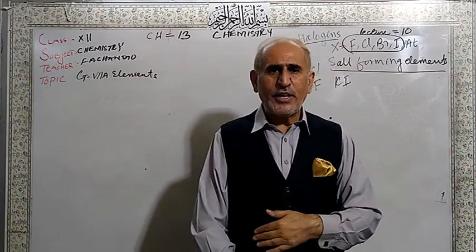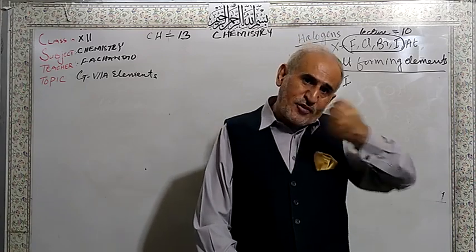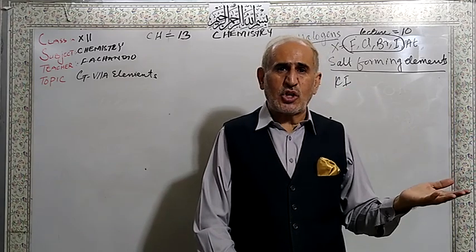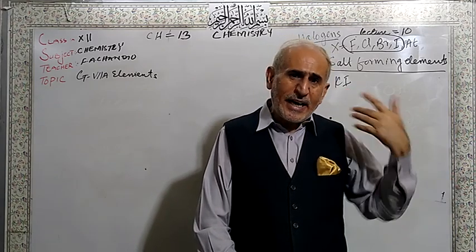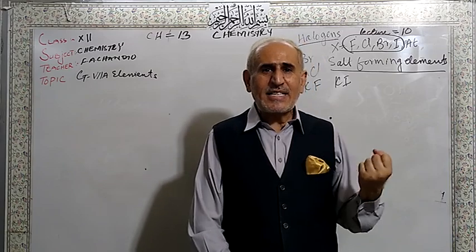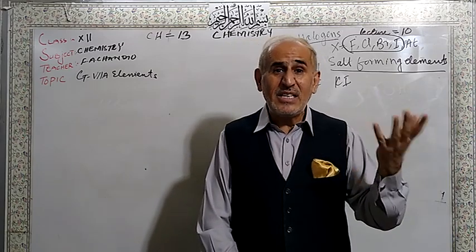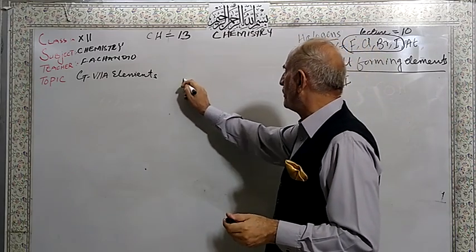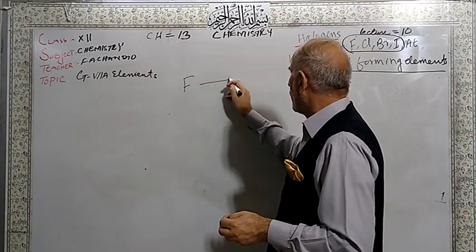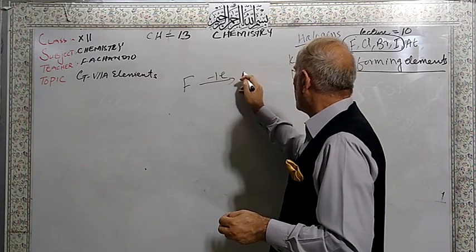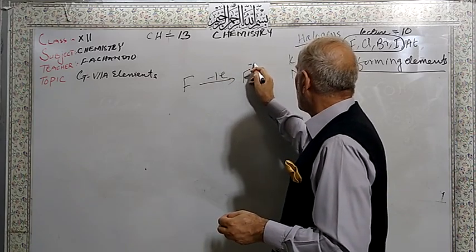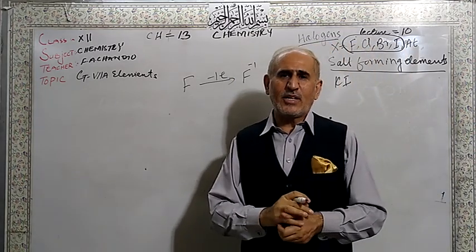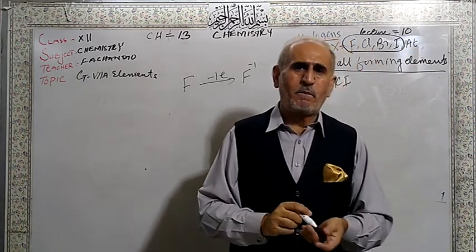But in electron affinity, the element attracts an electron and forms a uni-negative charge, and in this case energy is released. So when fluorine gains one electron, the fluoride ion is formed and energy is released. Electron affinity will be negative.